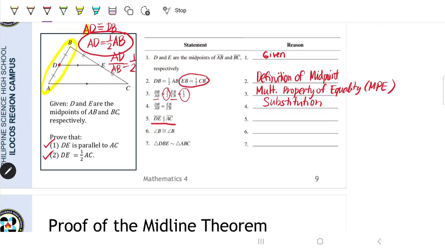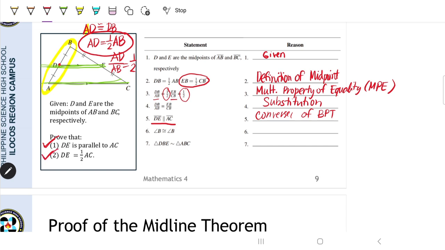So this line is parallel to the third side. Okay, so ang reason natin, converse of BPT. Okay, so we have already proven item 1. Check na tayo dyan. So let's continue so that we can prove item 2.